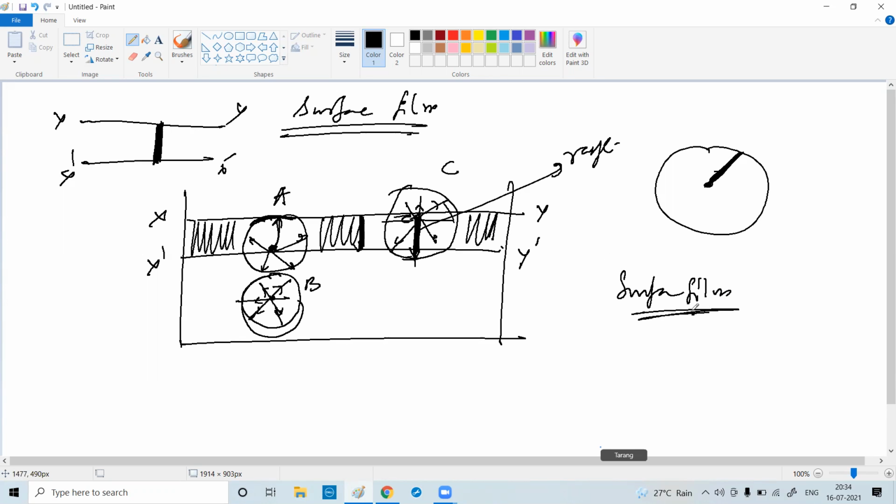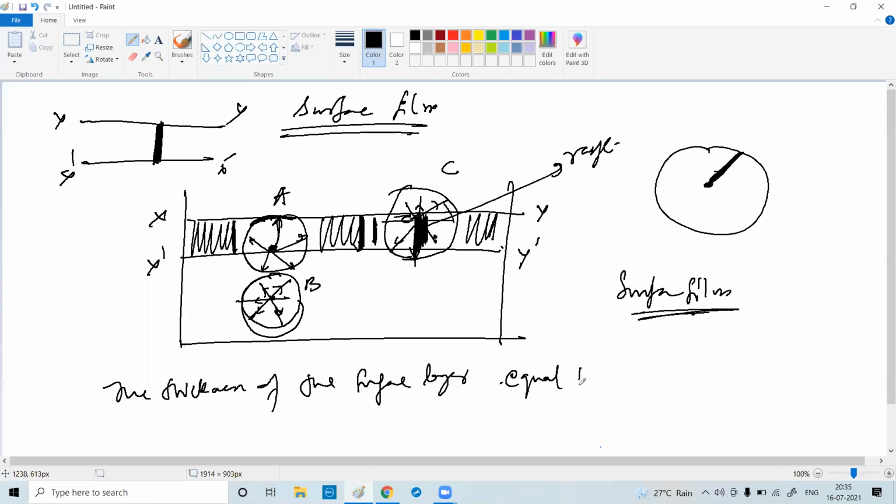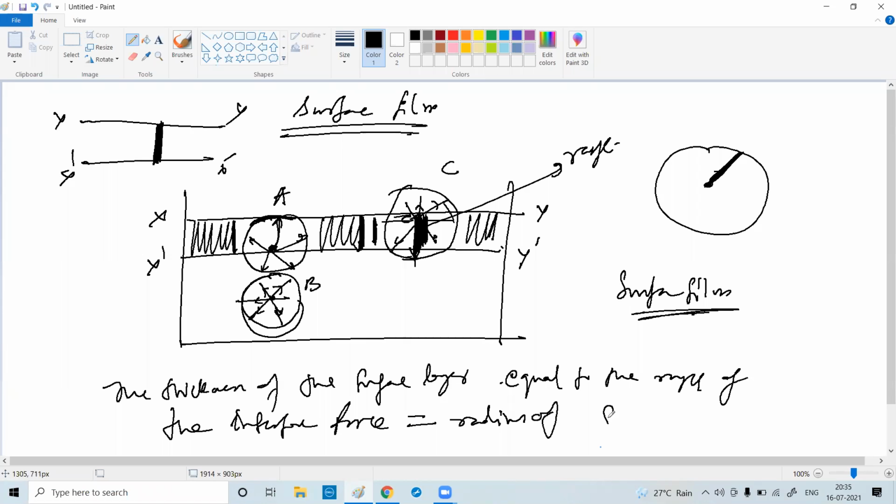You can write the definition: the surface layer of a liquid with thickness equal to the range of the intermolecular force, that is, equal to the radius of the sphere of influence, is called surface film.